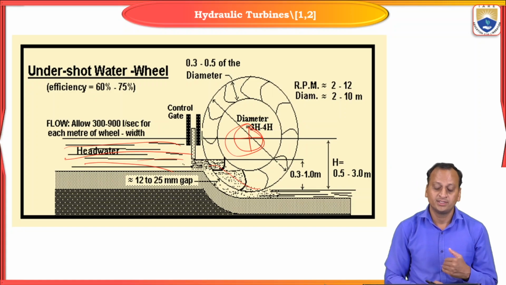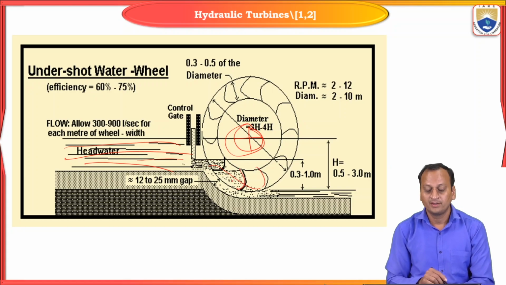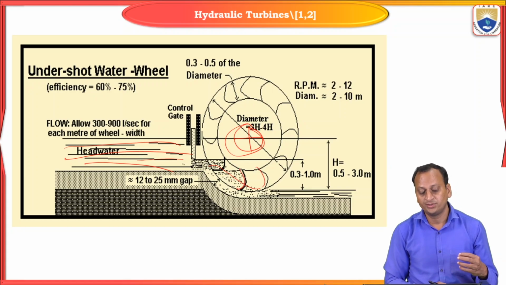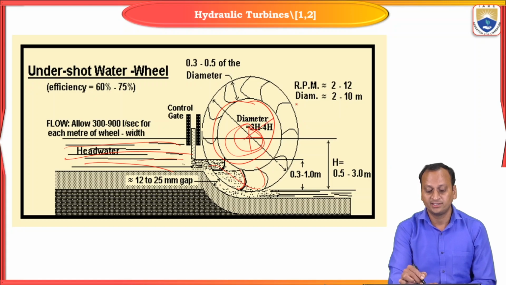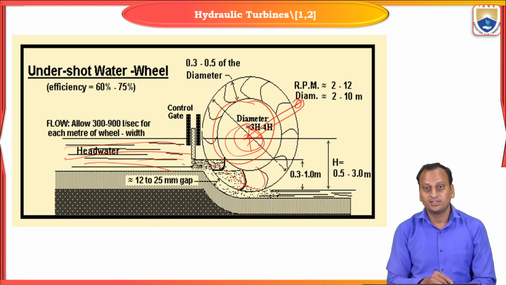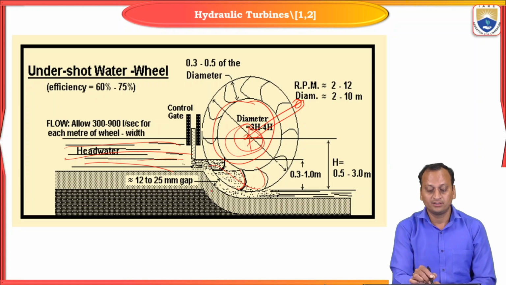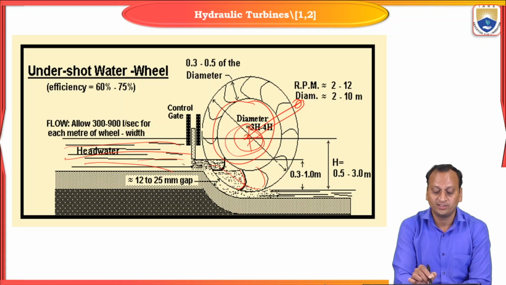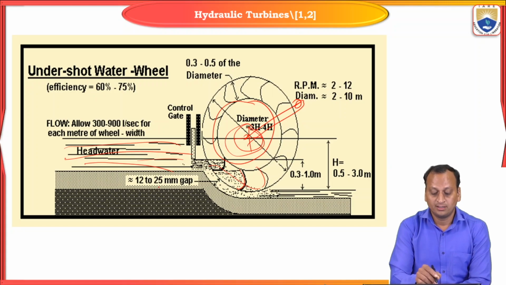Due to that force, the curved buckets are impacted by the water force, and so the runner tries to rotate. As the runner rotates, the shaft that is coupled to it also rotates. Therefore, the water is allowed from the bottom portion, hitting on the buckets which are below.